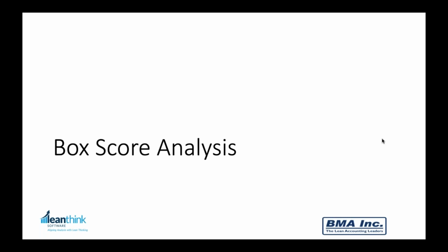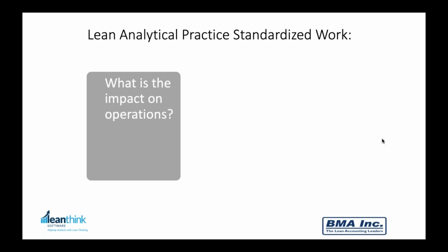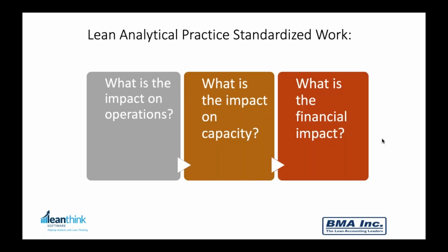So now let's go in and do a few analyses. First, the standard work. It's pretty simple, and it's really about answering these three questions in any analysis or decision. What's the impact on operations? What's the impact on capacity? What's the financial impact?